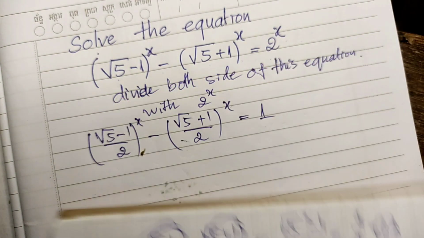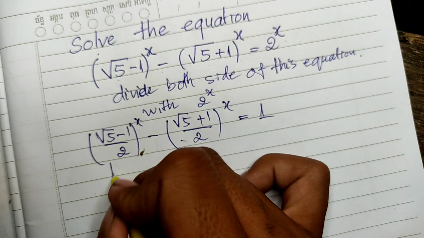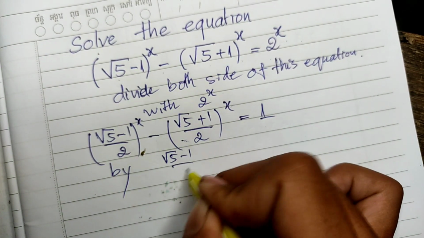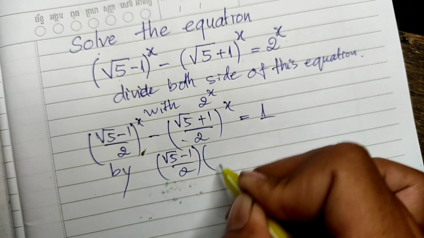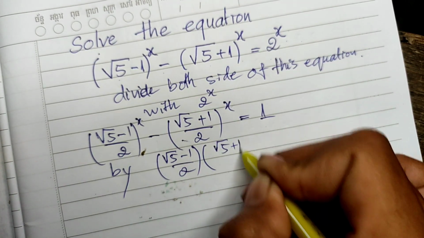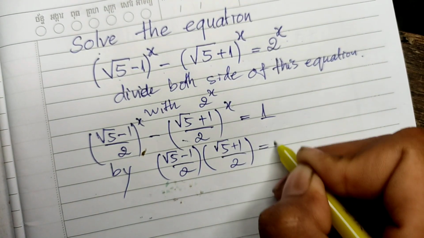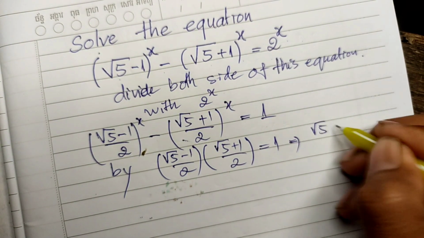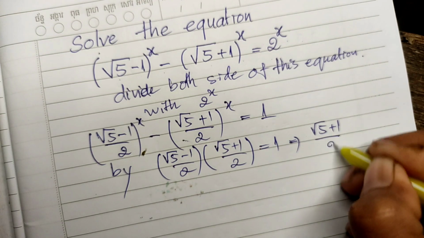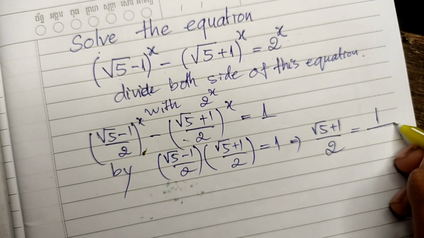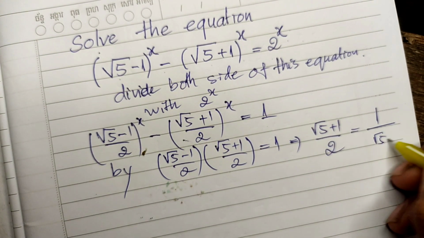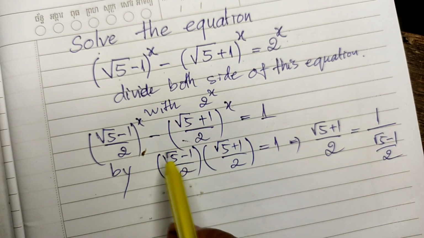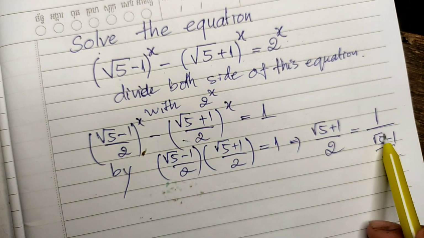So we know that (√5 − 1)/2 multiplied by (√5 + 1)/2 is equal to 1. So we get (√5 + 1)/2 equal to 1 divided by (√5 − 1)/2. Now I replace this by this.